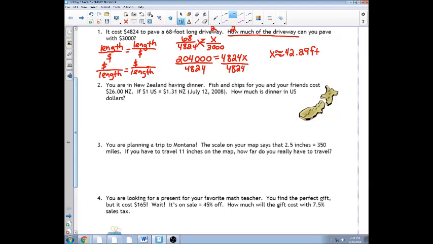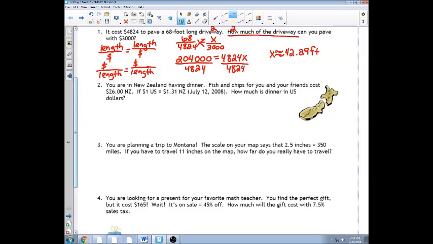The next problem, you are in New Zealand having dinner. Fish and chips for you and your friends cost $26 New Zealand. If $1 US is equal to $1.31 New Zealand, how much is dinner in the US if it costs the same? Okay, so let's see.